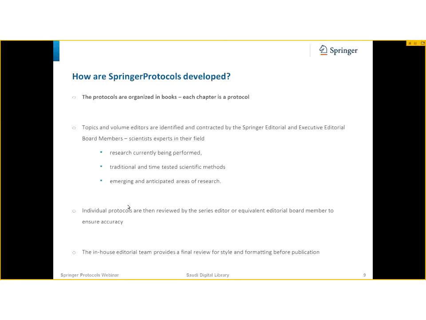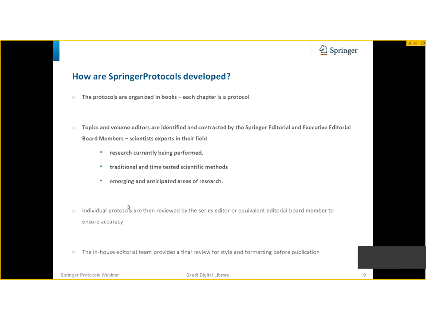So how are the Springer Protocols developed? The protocols are organized in books. Each chapter is a protocol, and the topics and volume editors are identified by the Springer editorial team and the executive editorial board members. Each of these board members is a scientist, an expert in their own field.